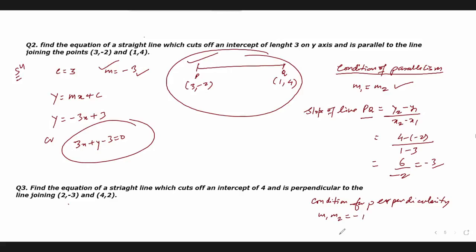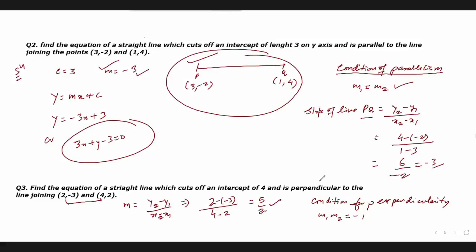So if I find the slope of this line joining (2, -3) and (4, 2), I can find the slope of my required equation. So what will be the slope? y2 minus y1 divided by x2 minus x1. So again I will apply a formula, 2 minus of -3 divided by 4 minus 2. That is equal to 5 divided by 2.